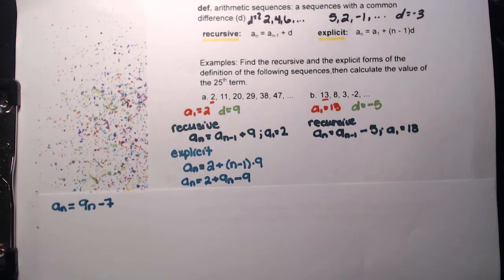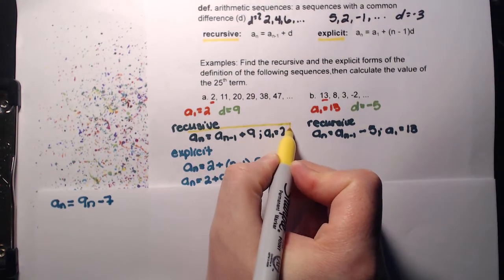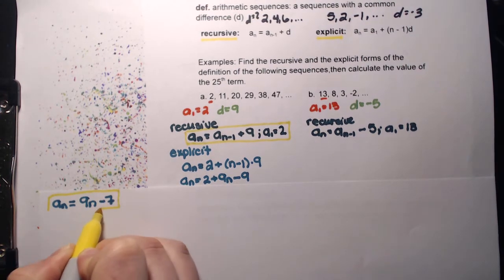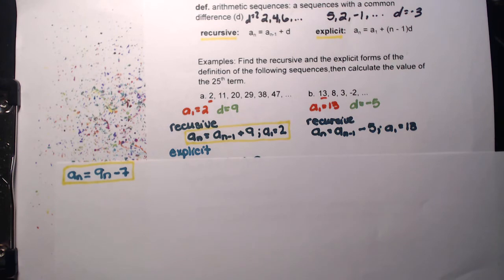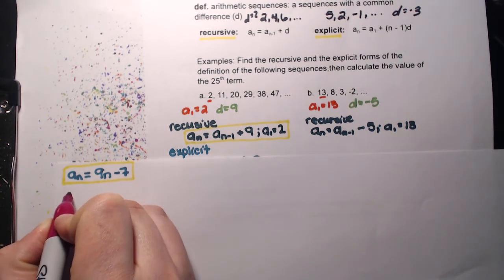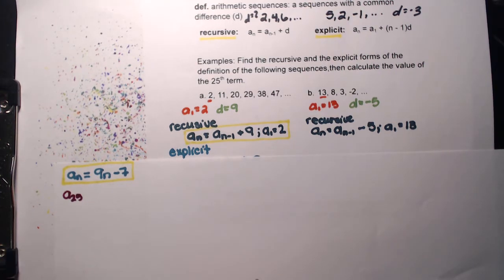And then, so we have the recursive, the explicit, and then we also are going to need to find that 25th term. So I'm just going to use our explicit piece and say, well, the 25th term is when n is 25.